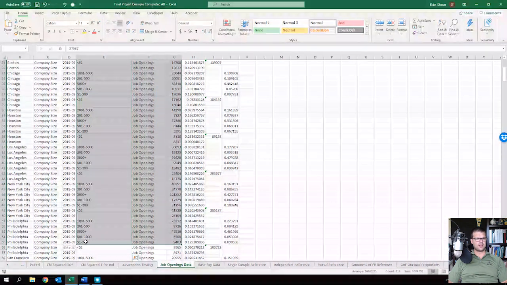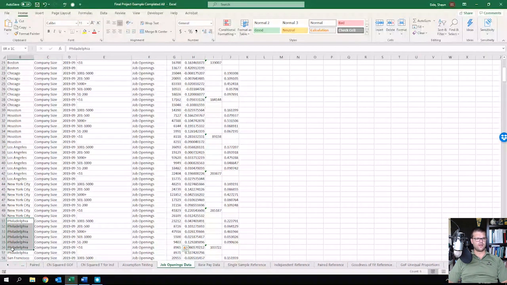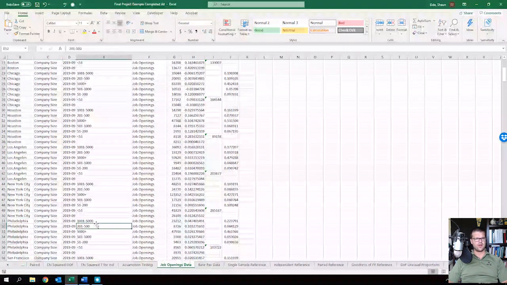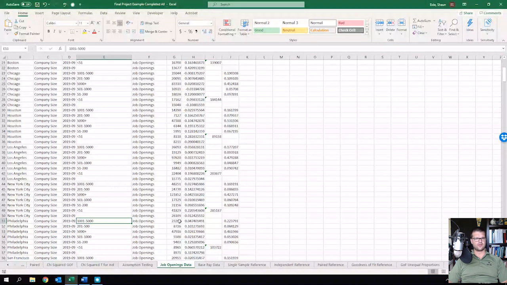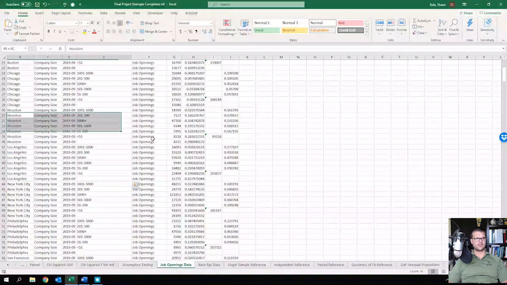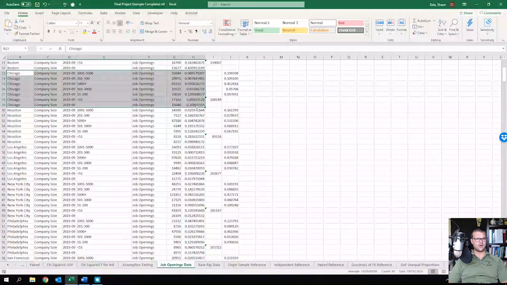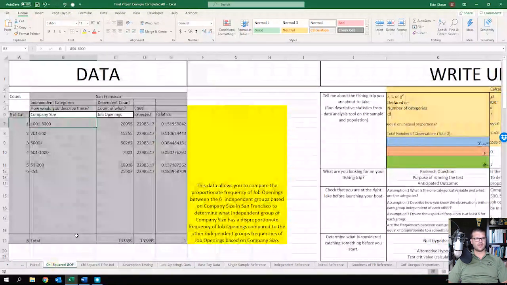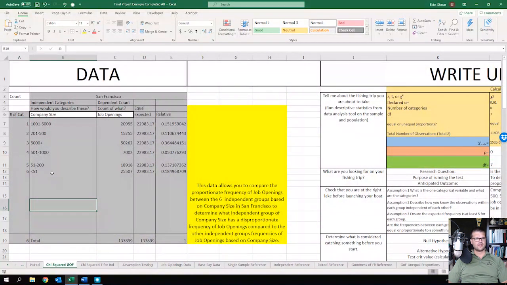Depending on where they are, Philadelphia has a certain number of openings for certain sizes of companies, and so does Los Angeles, so does Houston, so does Chicago, and so all of these different cities have different numbers of openings for different sizes, right?